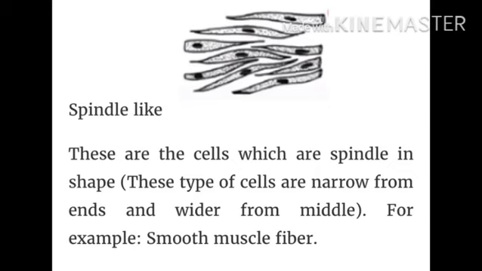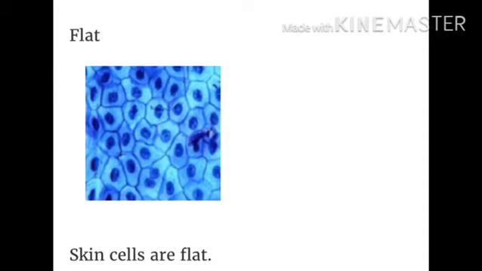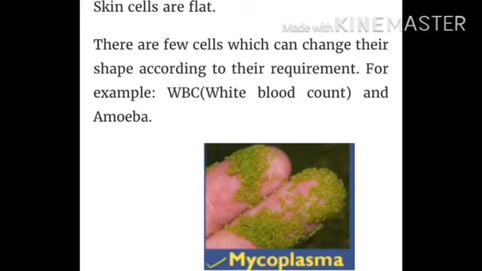These types of cells are narrow at the ends and wider in the middle, for example smooth muscle fiber. Flat: basically skin cells are flat. There are a few cells which can change their shape according to their requirement, for example WBC, white blood cells, and amoeba.